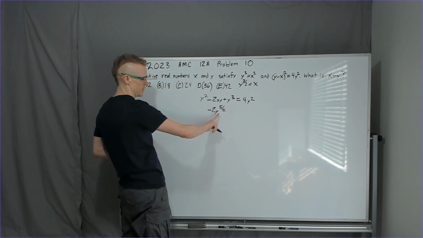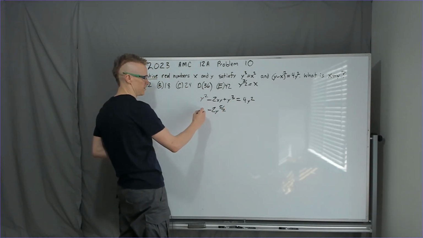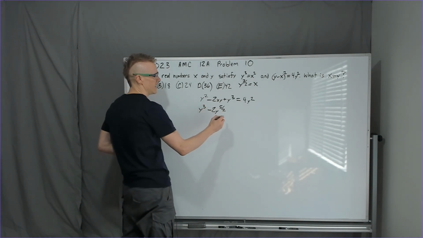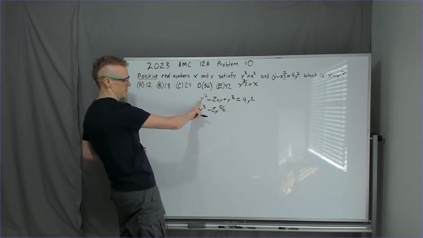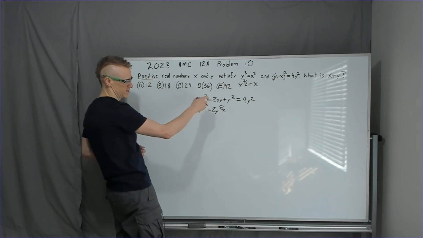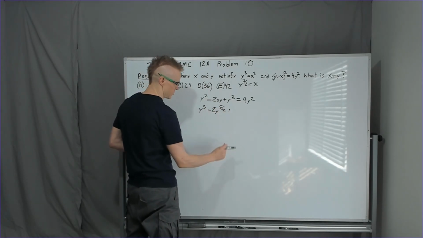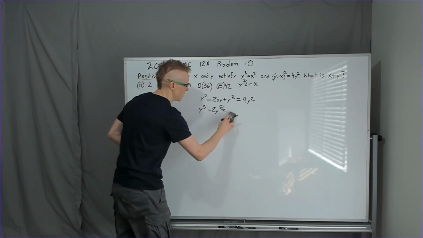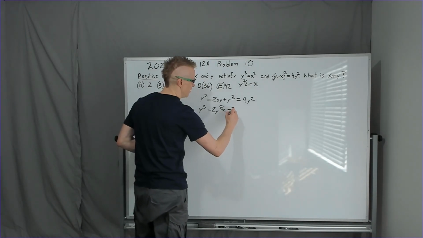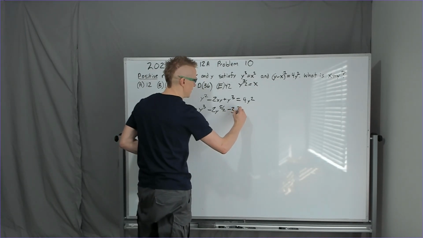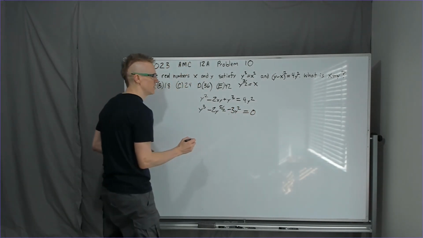I'll put the y cubed in front because it's bigger than the y squared. And I'll subtract 4y squared from 1y squared to get 3y squared negative. So minus 3y squared. Yep, and that's equal to 0.